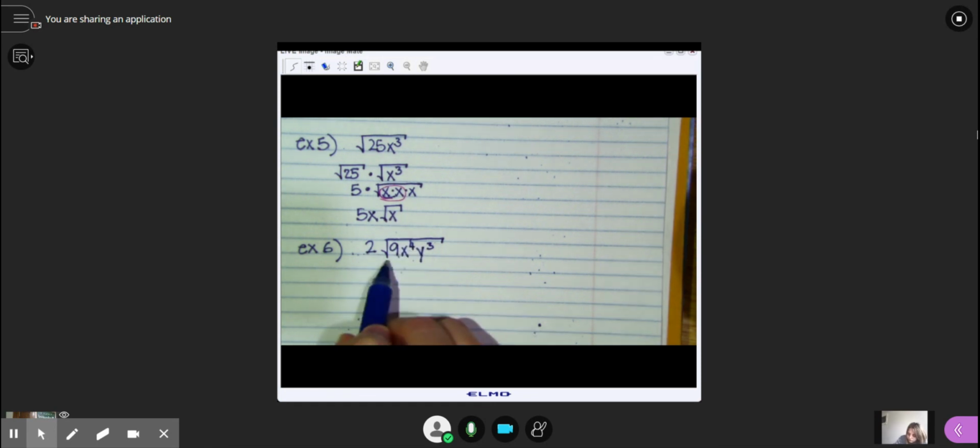Here I have 2 and then the square root of 9x to the 4th y cubed. The 2 stays there. Then I've got the square root of 9 times the square root of x to the 4th times the square root of y to the 3rd. Square root of 9 is, what about the square root of x to the 4th?